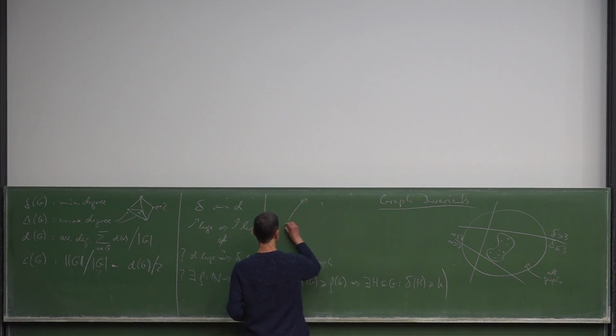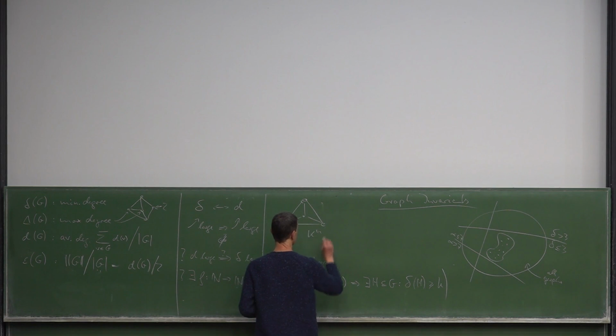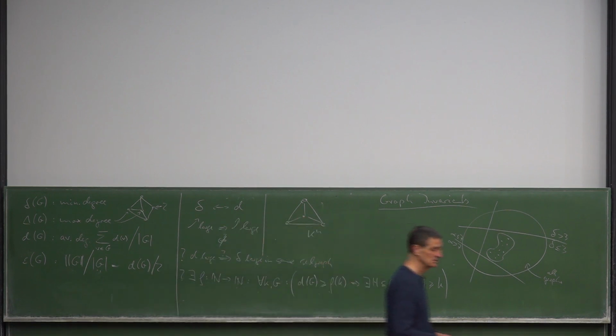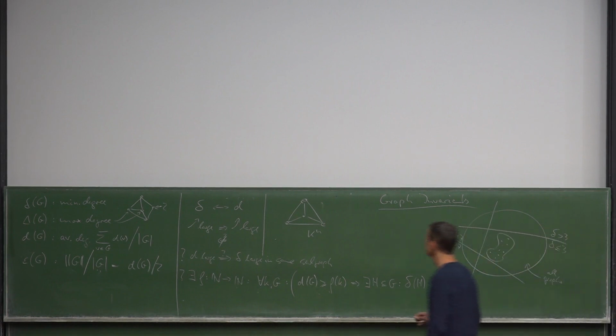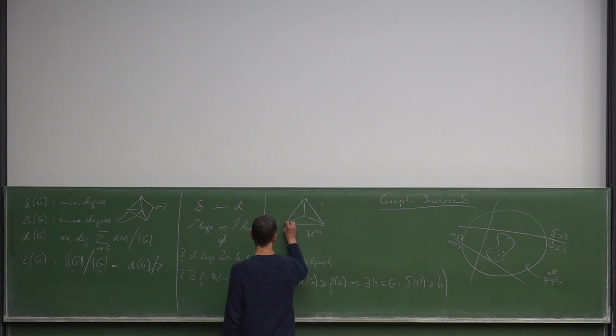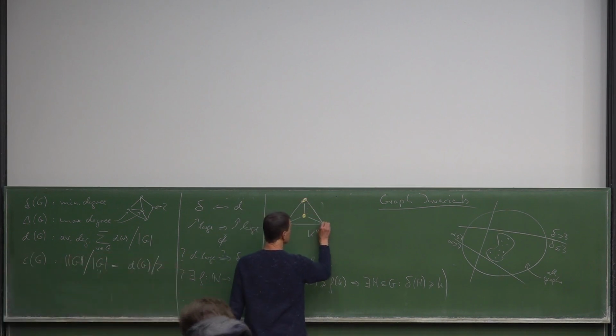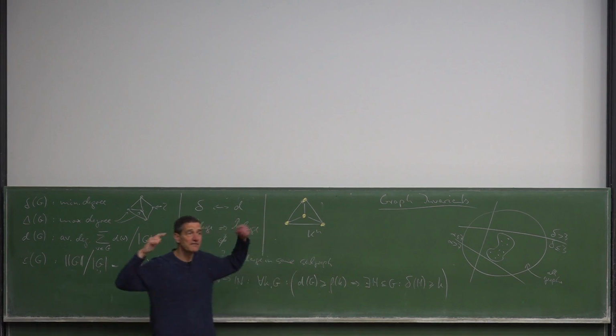Start with a K_n. So that's a K_n for n equals 4. It has all vertices of large degree if n is large.